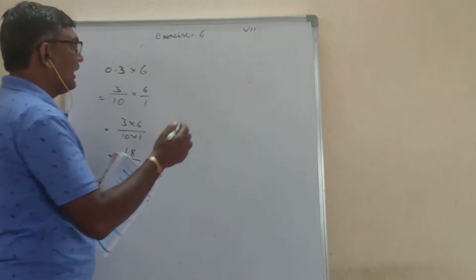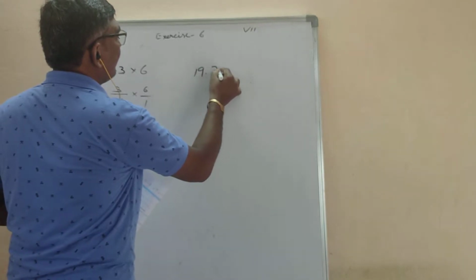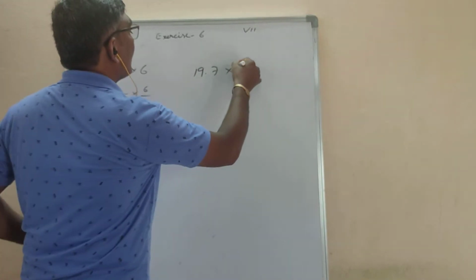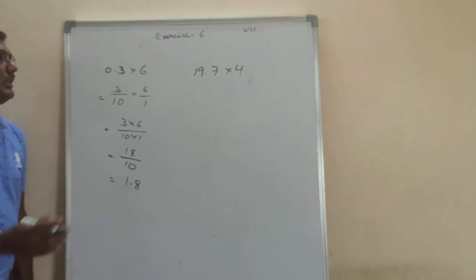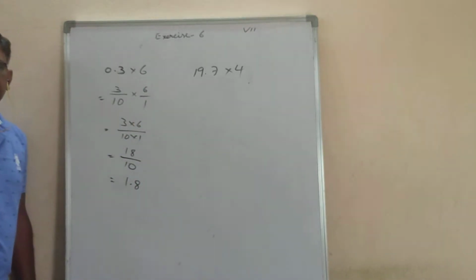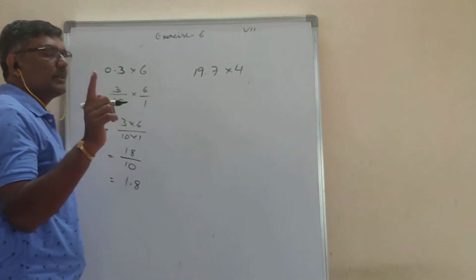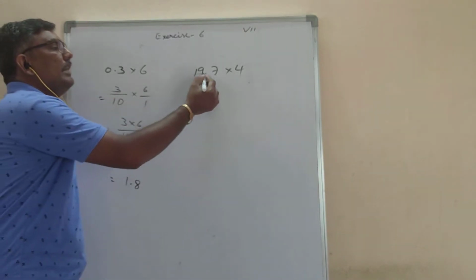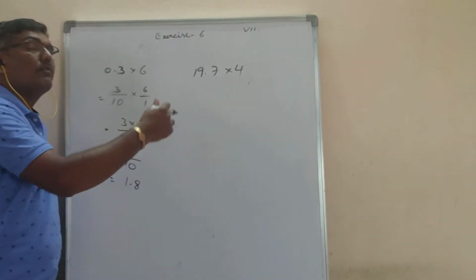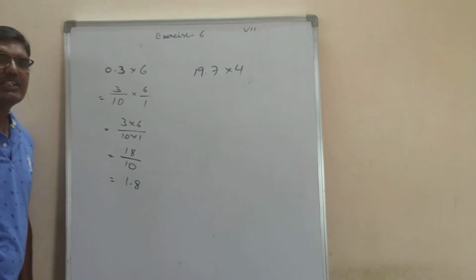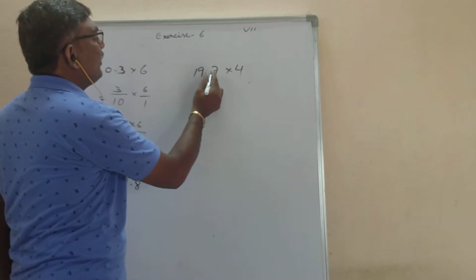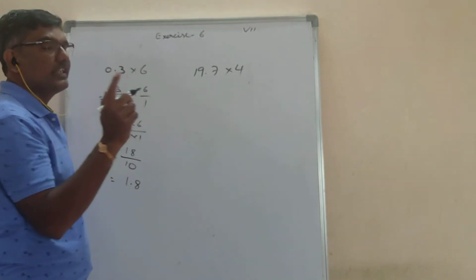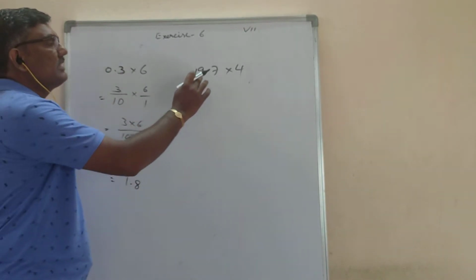Next, 19.7 into 4. These two are the same. How? First step, what I said to you: convert 19.7 into rational form. After the point you are seeing only 1 digit, that is 7.